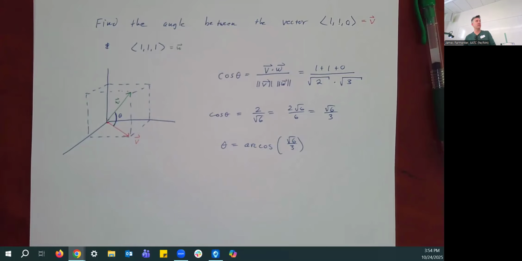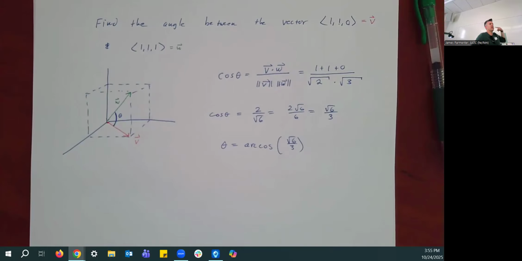Now, before we answer this question, do we think our angle should be more than 90 degrees or less than 90 degrees? Looking at the picture, it seems like less. But if we didn't have the picture, how would we know it was still less? Well, if cosine is equal to a positive number, the angle had to have been in quadrant one or quadrant four.